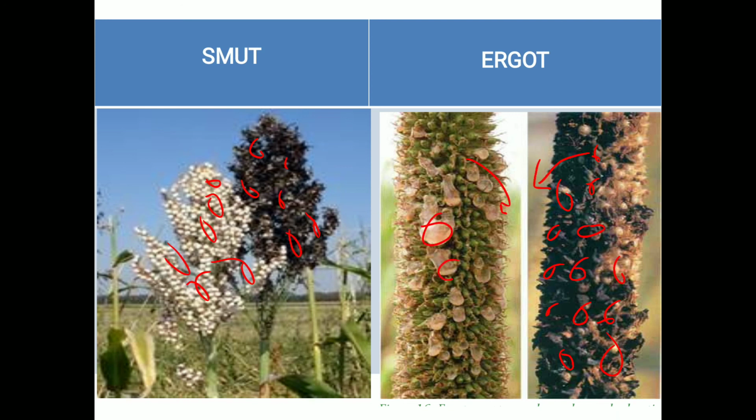That honey-like substance contains the chemical ergotoxin, which is poisonous. For control of ergot, we do a brine solution treatment, that is, common salt solution treatment at a rate of 3%, or at a rate of 20%.